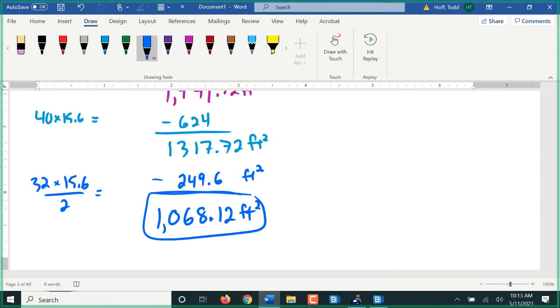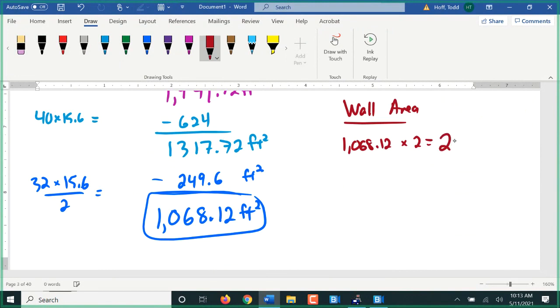So let's do wall area first. For wall area, we know we have two of those. 1,068.12 times 2 is 2,136.24.